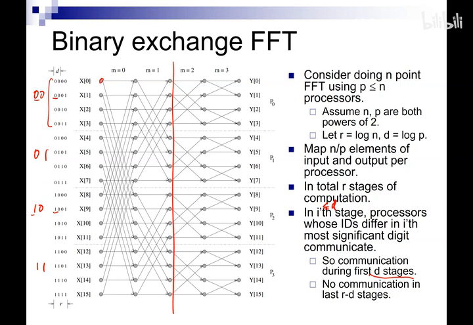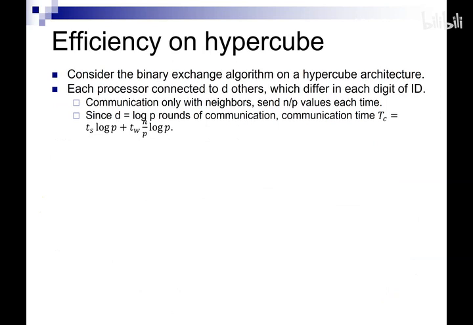This means that whenever you communicate with somebody in this algorithm, which comes from flipping the bit, the communicating processors are just neighbors of each other. They're directly connected, like for example 0, 0 and 1, 0 in the hypercube, because they only differ in 1 bit.